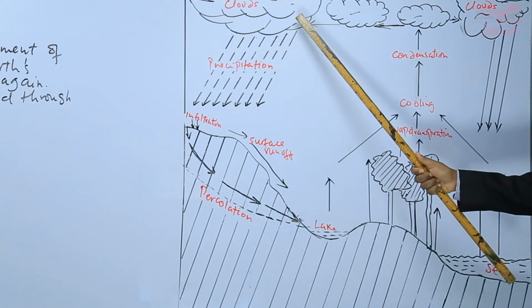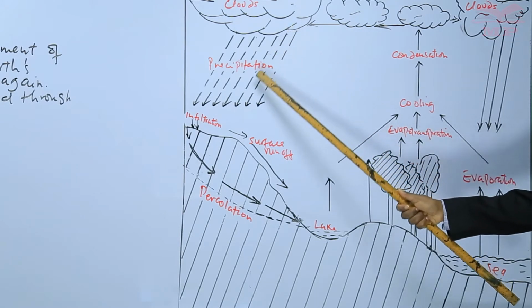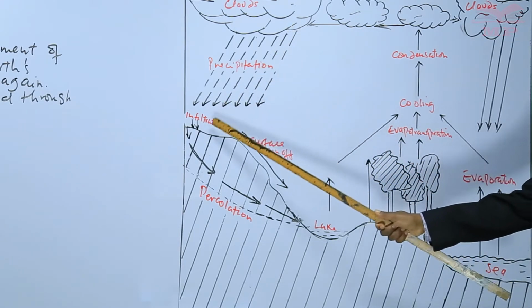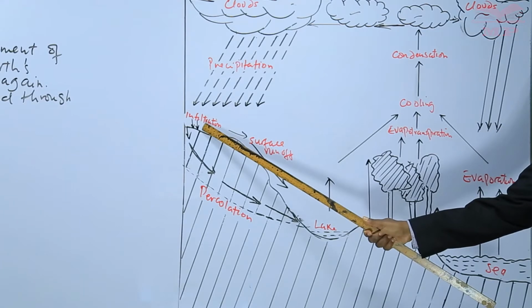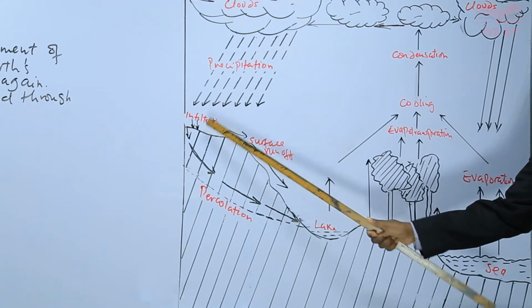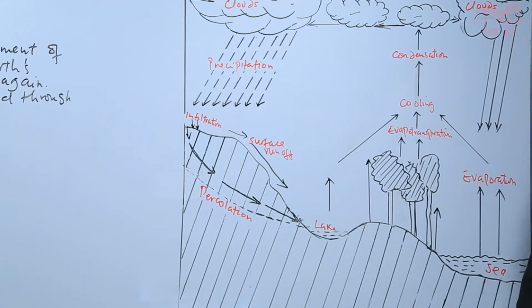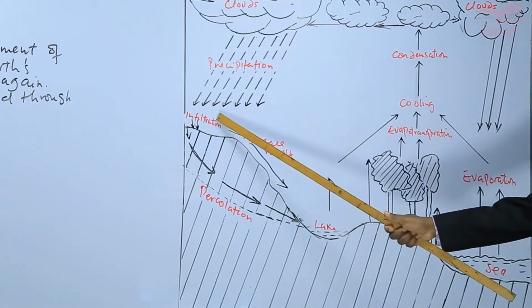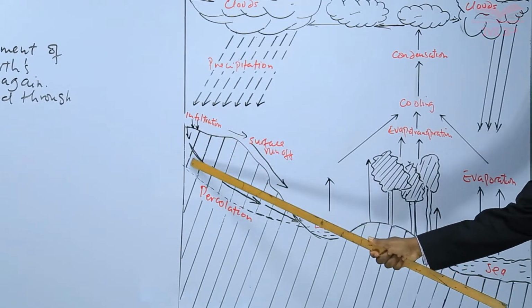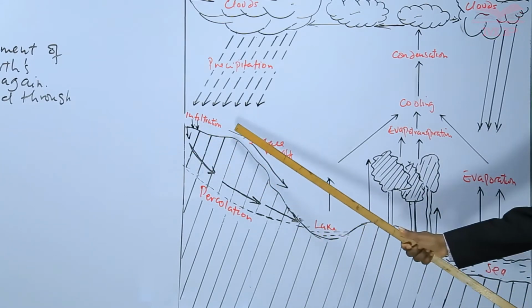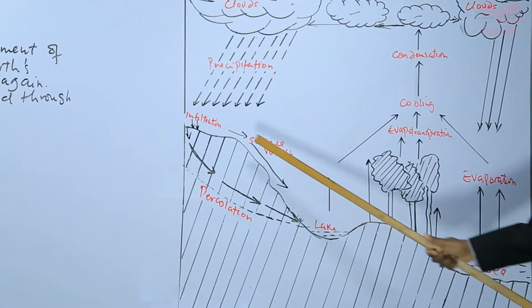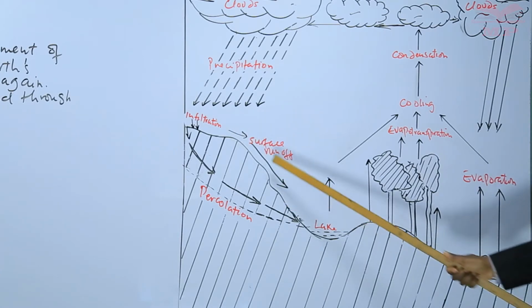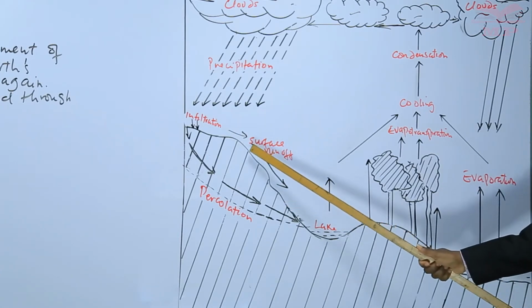And again, learners, you can see the water is coming back. Then the water hits the ground through the process we are calling infiltration. Water infiltrates the ground. There is some water that runs on the surface of the earth. We are calling it surface runoff.